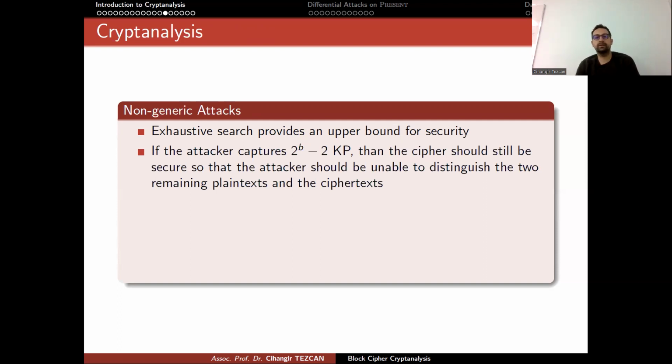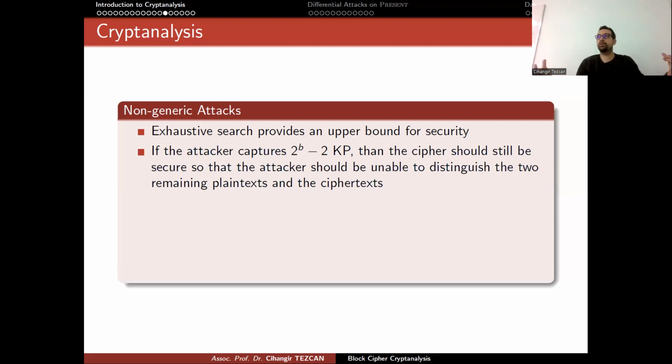So actually, a cipher should be so secure that the following sentence will be the case. If the attacker captures every possible plaintext except 2, okay? So every plaintext and the corresponding ciphertext except for 2 plaintexts and ciphertexts.